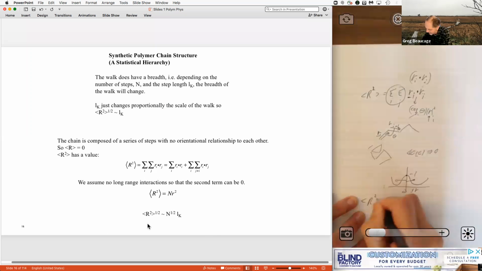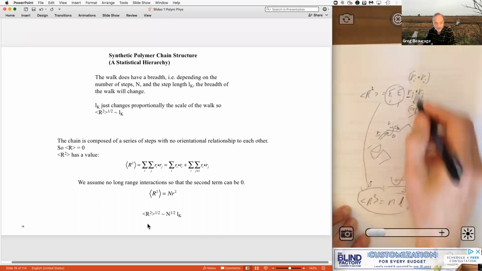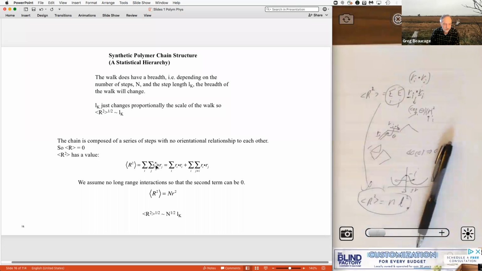It just spits out automatically. If you look at it as the sum of an average of the projection of two vectors, you get this N L squared function right out of it, immediately. You break it into i not equal to j and i equal to j, and then you just get that answer. So that should be kind of straightforward.